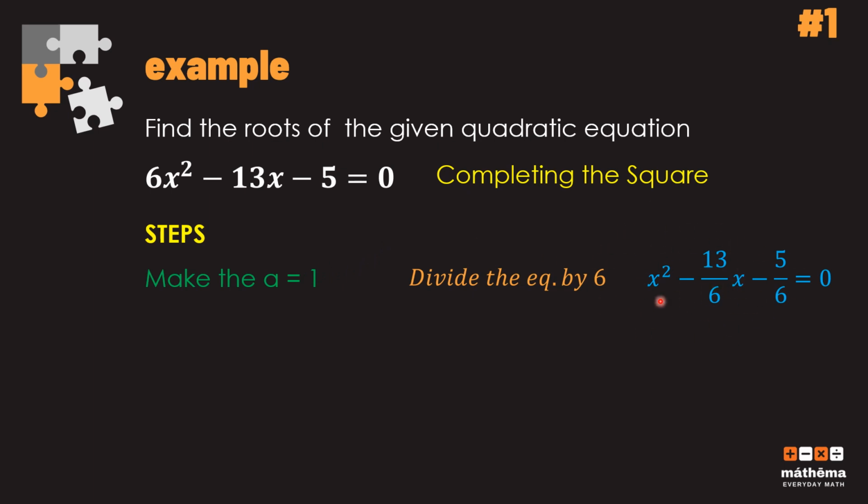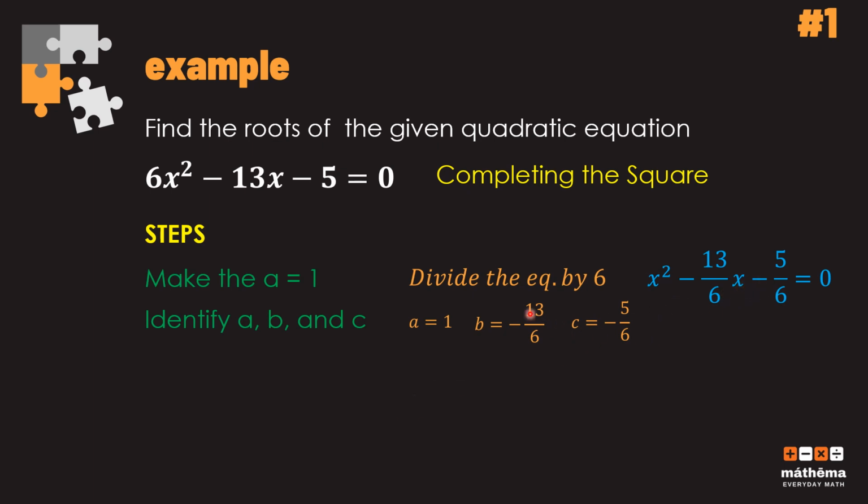Now, what to do next? This is now the time that we are going to identify our A, B, and C. So again, using our new equation, our A is 1, our B is negative 13 over 6, and our C is negative 5 over 6.